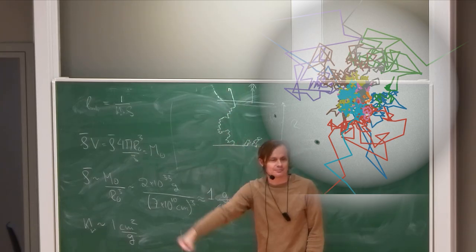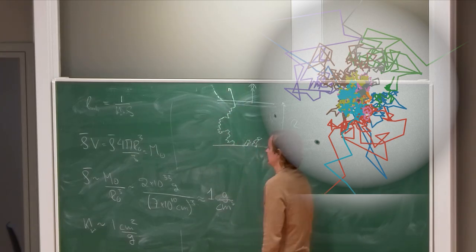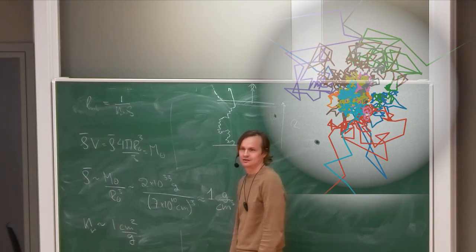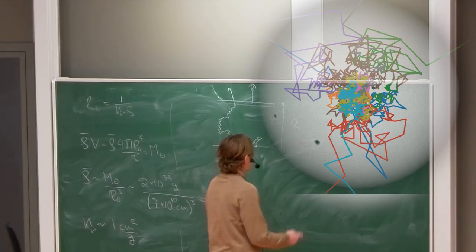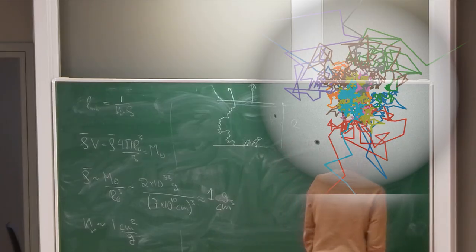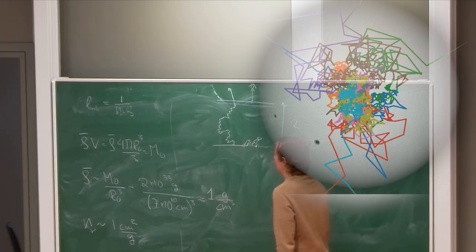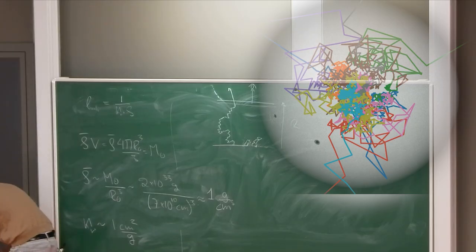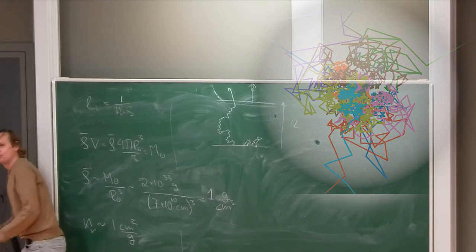Some of them eventually are going to escape. Okay, this is what we call a random walk, a drunkard's walk, and you can ask yourself, but how on earth do they get out at all if the mean free path is so short?